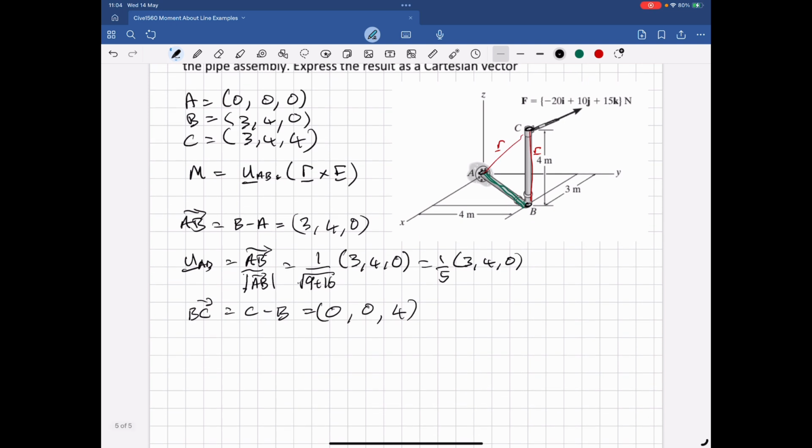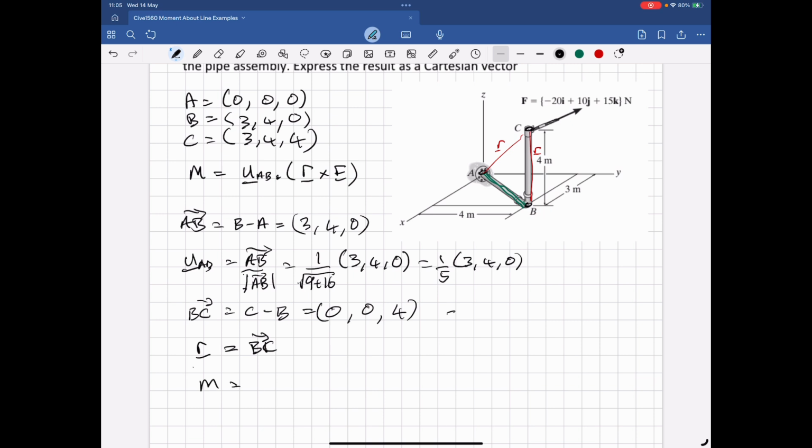Okay, so we can now calculate the moment, because we'll use this as the vector. For R, we'll say that is equal to BC. We can do later that R is equal to AC, but we'll just do this for now.